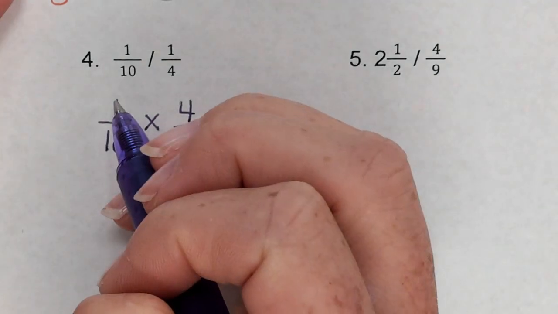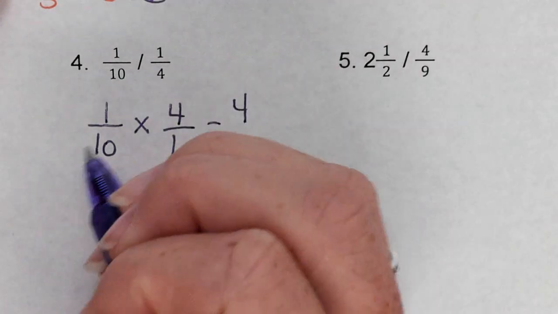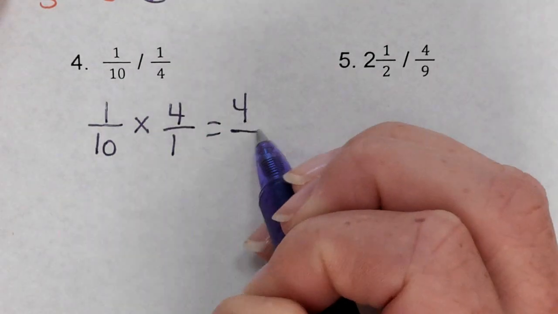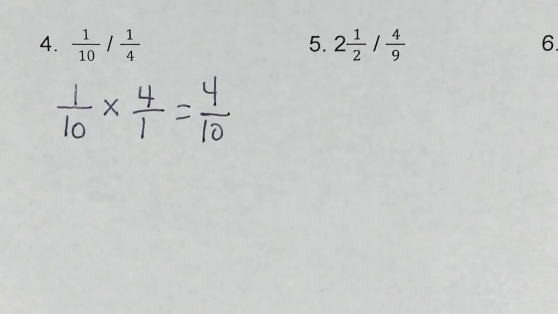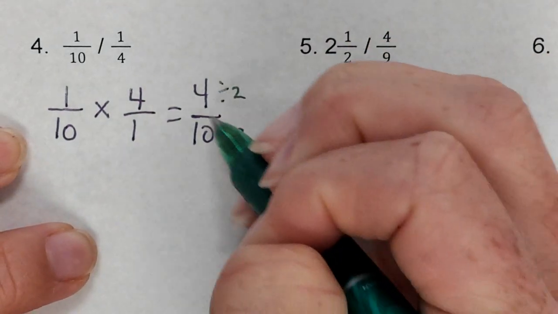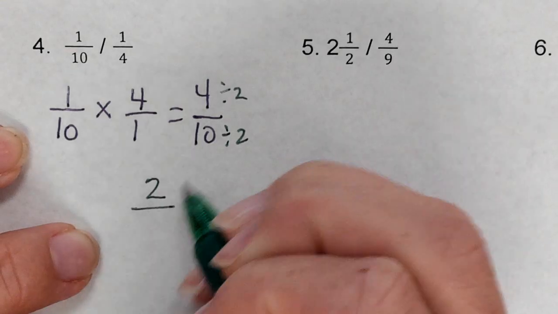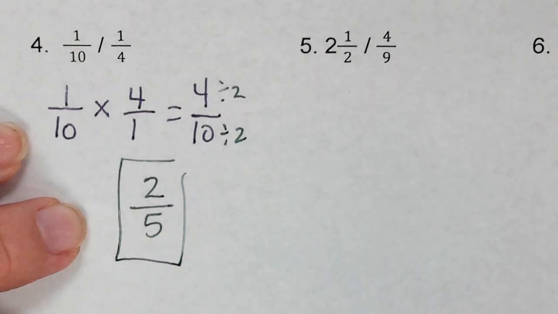I am going to multiply straight across. 1 times 4 is 4. 10 times 1 is 10. Is that a good answer? No. If they are both even numbers, you can always divide by 2. So 4 divided by 2 is 2. 10 divided by 2 is 5. Can that be simplified? No.